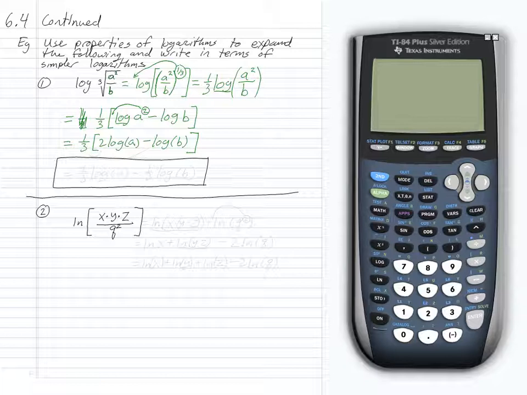So we might leave things there, or we could always distribute the 1/3 back in and leave our answer as 2/3 log of a minus 1/3 log of b.